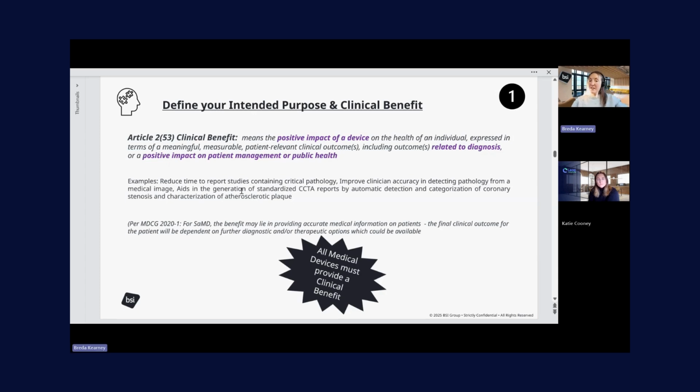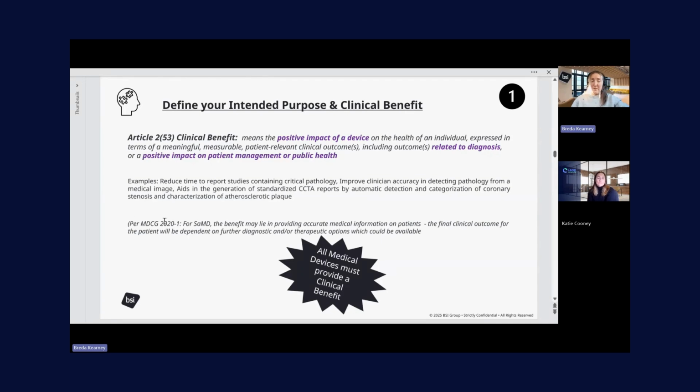Aid in the generation of standardized reports by automatic detection and categorization of coronary stenosis and characterization of arteriosclerotic plaque. So again, they're just some examples. They're all to do with providing information. And that's one of the differences between software as a medical device versus a standard medical device.